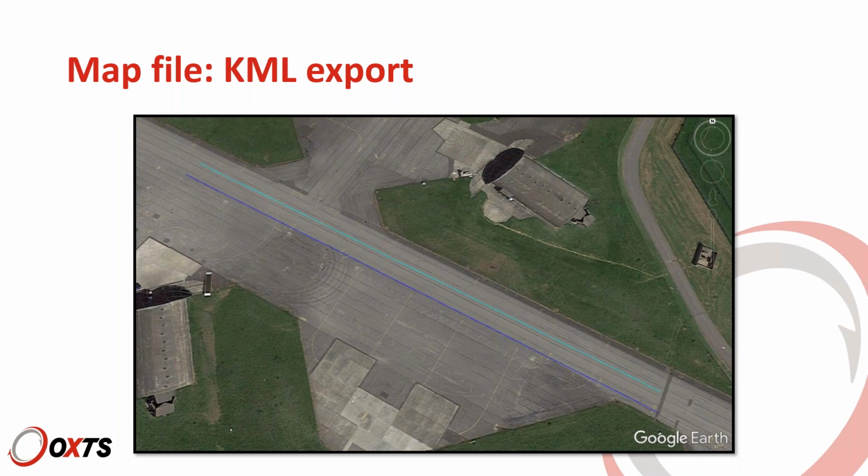And this is what it would look like. So you can see the two lines have been drawn here. And this feature is really useful for verifying that your map is accurate, but because this functionality is already included in NavGraph, you can also export your position trace to KML, and then you can see the position of your vehicle relative to your map lines too.